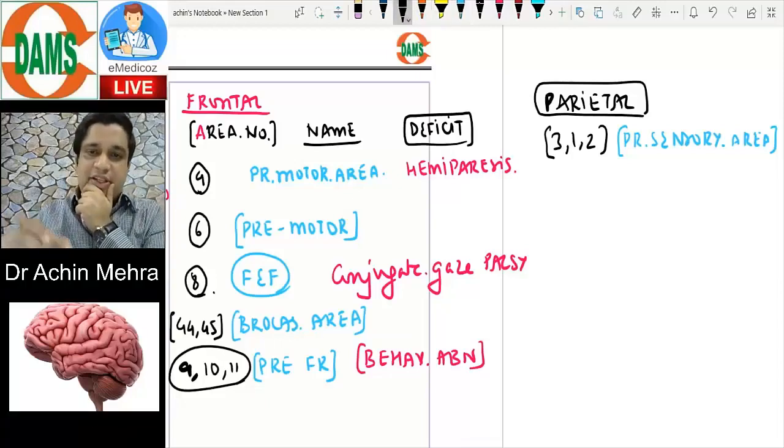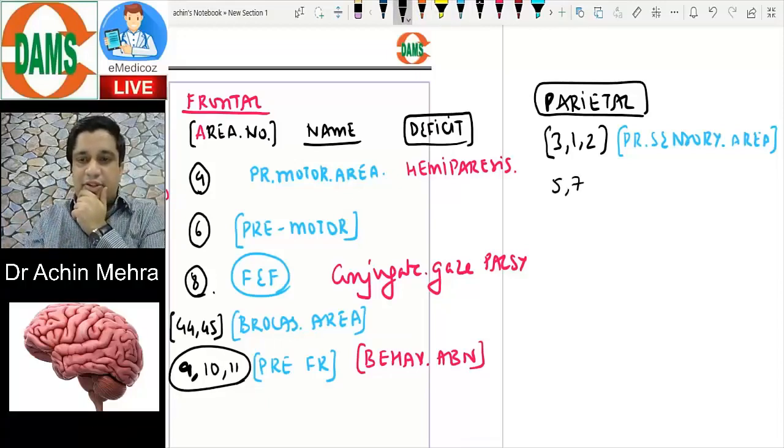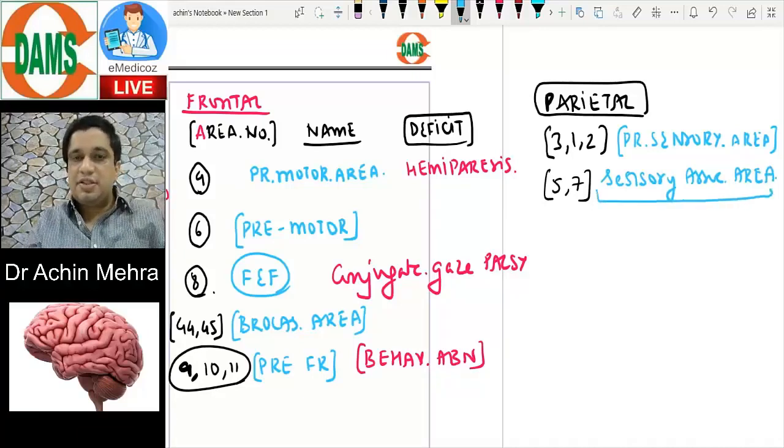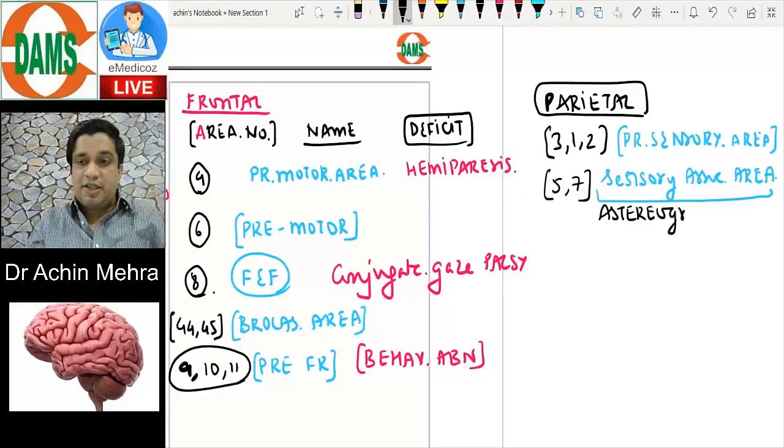Then we have the area number 5 and 7, right? That was the sensory association area. If there is a lesion over there, then we find a problem in judging the shape, judging the object on touching, that is astereognosis or graphesthesia, if you remember, and difficulty in two-point discrimination even.